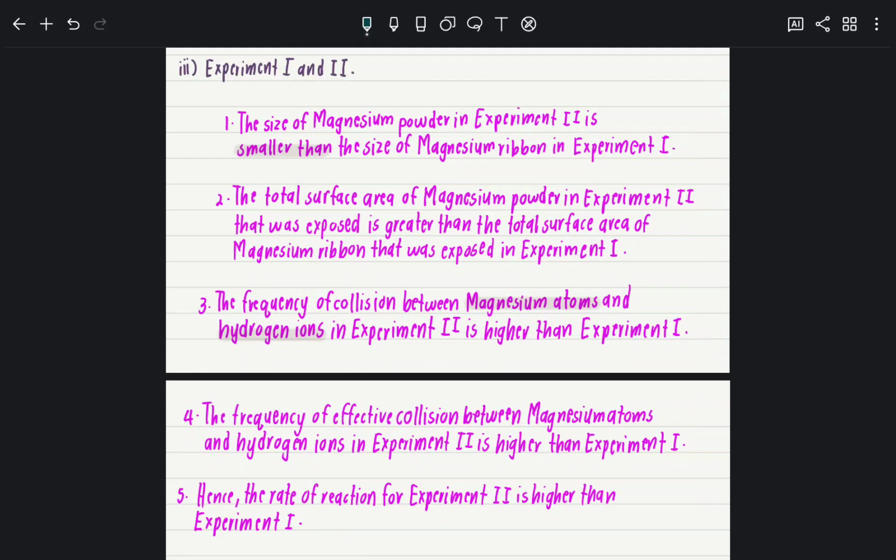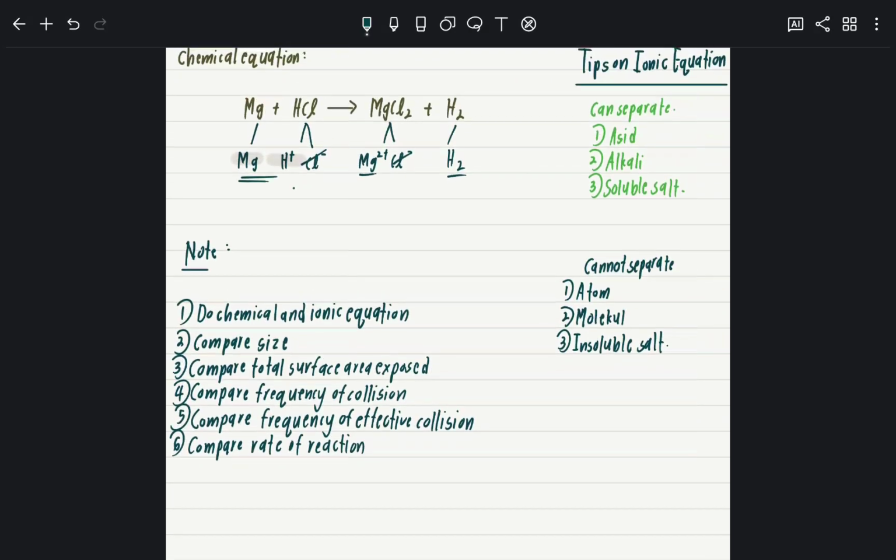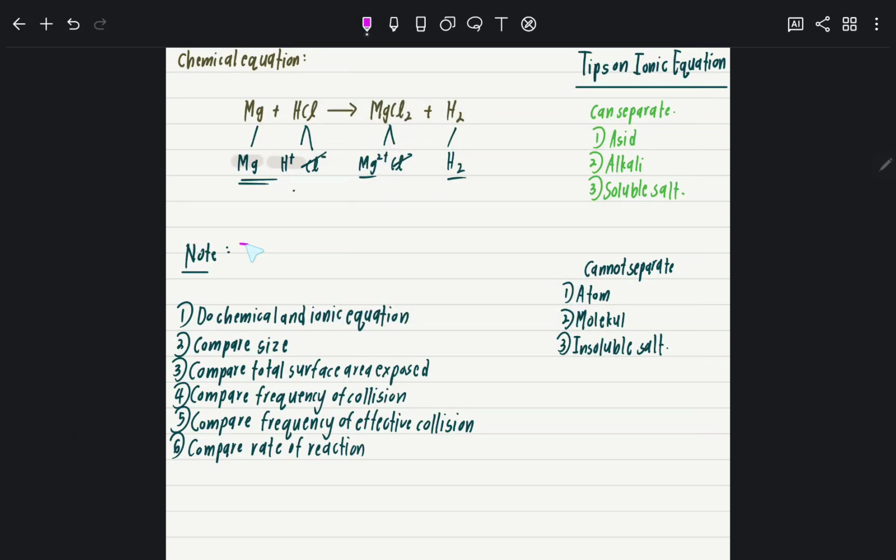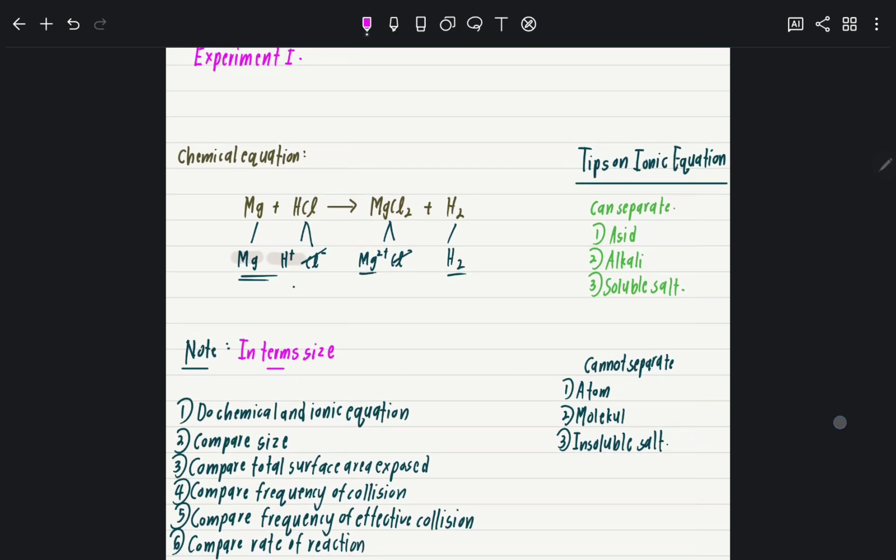After size, you should talk about total surface area. After total surface area, you should talk about frequency of collision. Only after that can you talk about effective collision. Don't talk about effective collision and then talk about normal collision. No, that is wrong. So please follow this step, in terms of size. If they ask you to compare in terms of size, you must compare like this.